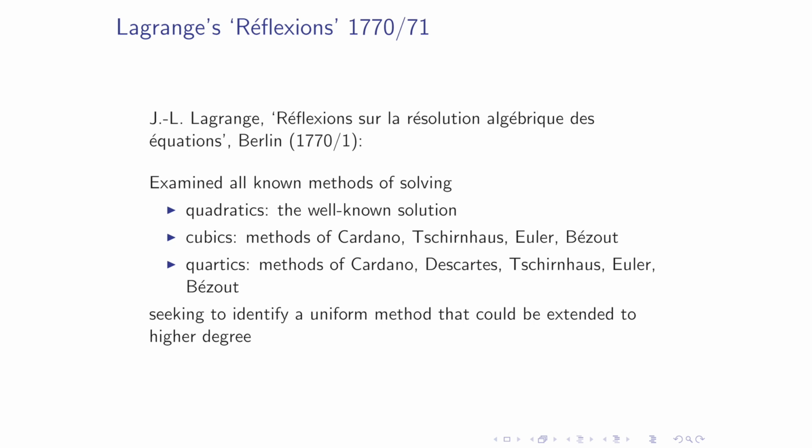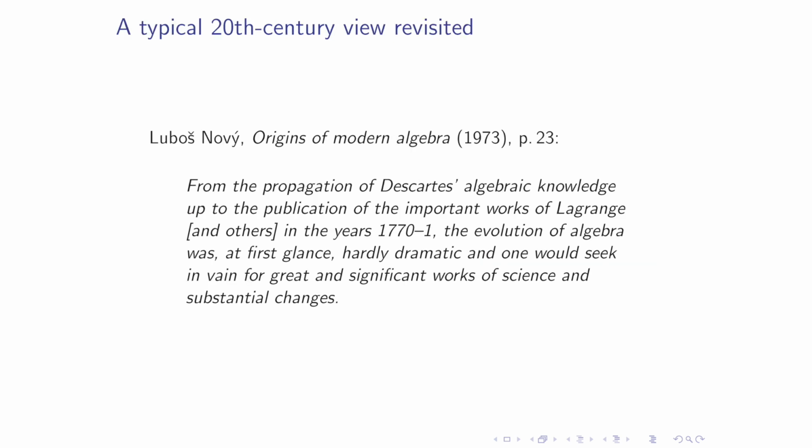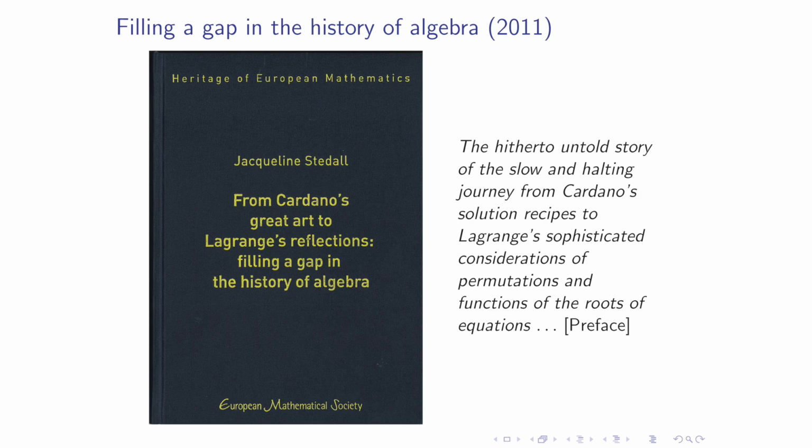Just to round off this first lecture, I hope I've said enough to convince you that there's more to the story than this. There's a lot to say about the algebra that's going on in these two centuries, even if people are not coming up with new solutions. In this connection, I have some recommended reading.